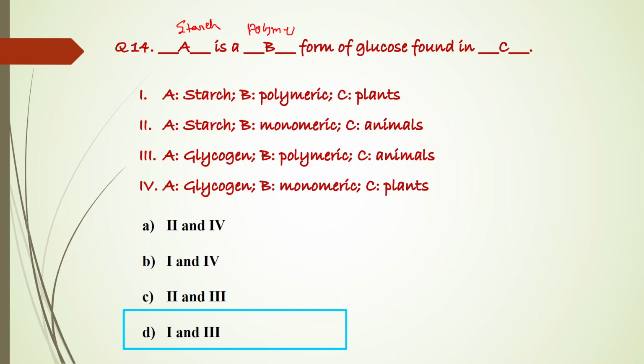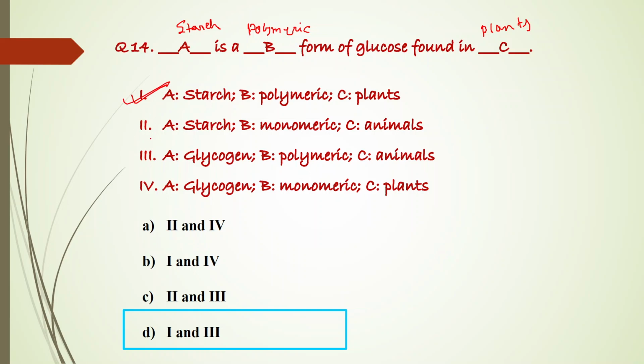Absolutely, we just learned that starch is a polymeric form of glucose, where we can see different branching. In the main chain we have alpha 1,4 linkages, and in the branching we have alpha 1,6 linkages. So obviously starch is a polymeric form of glucose found in plants. It is a storage carbohydrate for plants. So yes, statement 1 fits correctly.